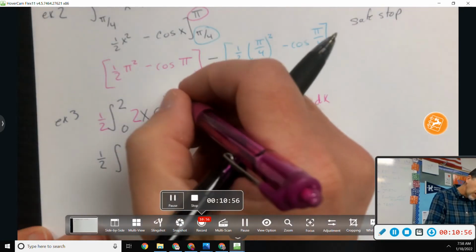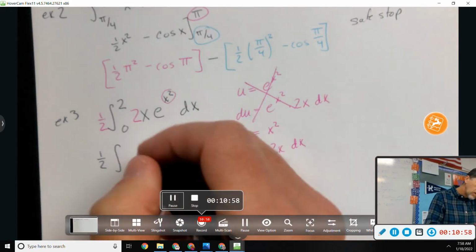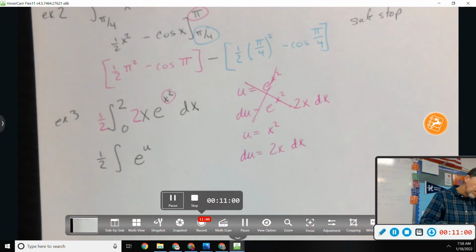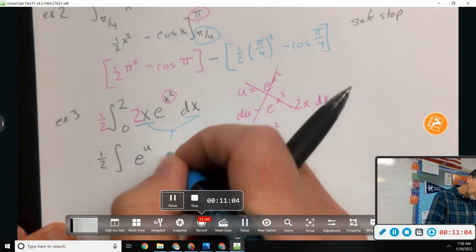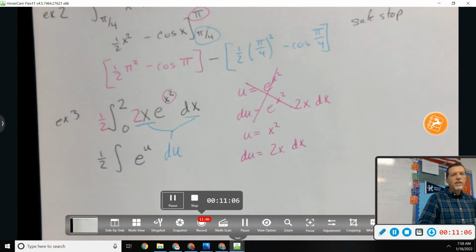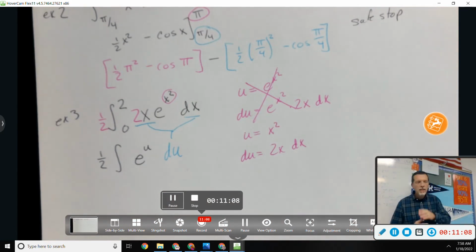So x squared was the u. So e to the u, and then 2x dx made the du. Alright, so I've got to remember what the antiderivative of e to the u is.